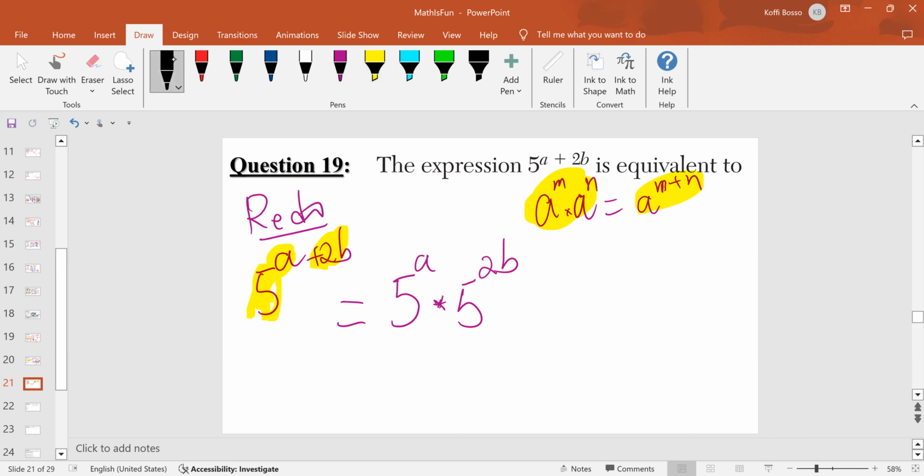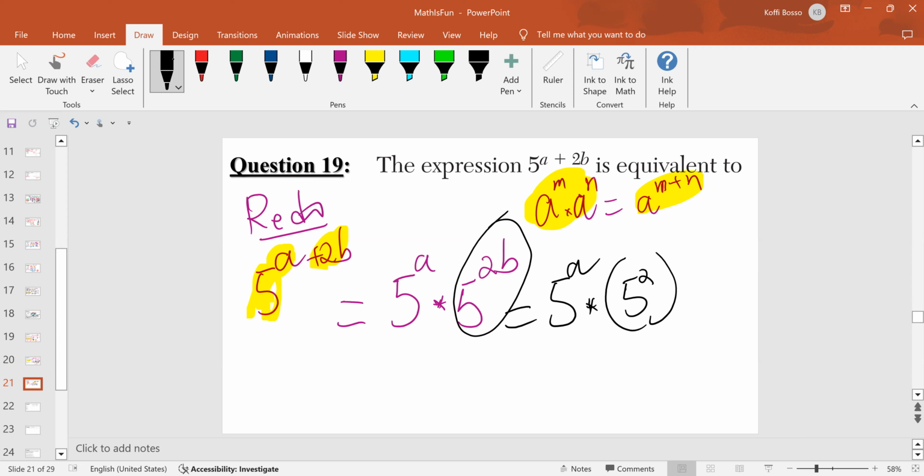Now look, from here, I could also write as 5 raised to a power times, now this here is same as 5 squared, everything raised to b power. Remember again, there is another rule for exponents: a raised to m, everything raised to n means a m times n.